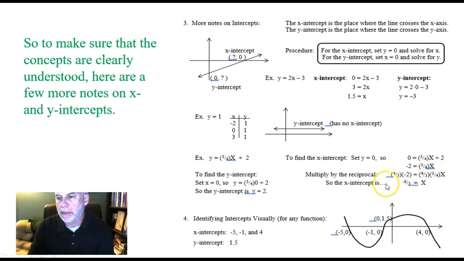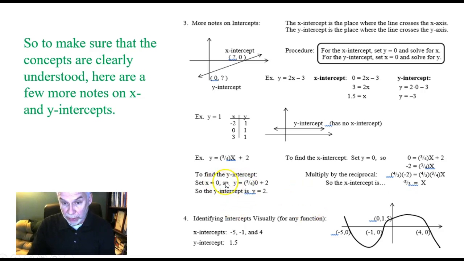Then I would just multiply both sides by the reciprocal, which is 4 over 3. And so I go 4/3 times negative 2. Well, multiply 4 times negative 2, you get negative 8 over 3. And on the right side, the 4's cancel and the 3's cancel, so you just get x. So x is negative 8 over 3. That's the x-intercept.